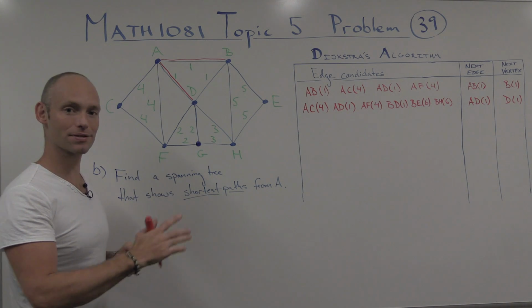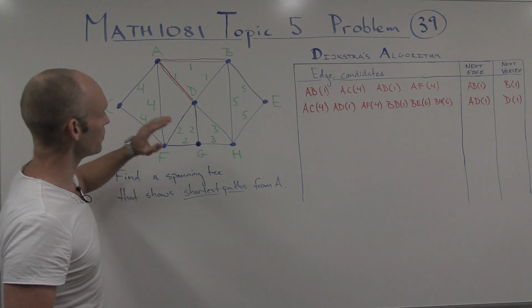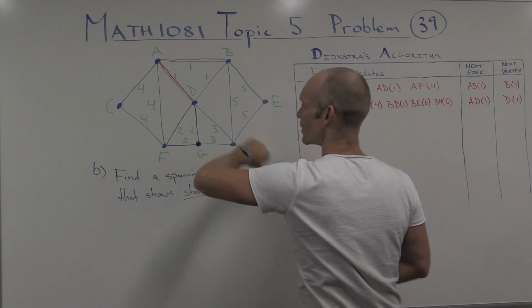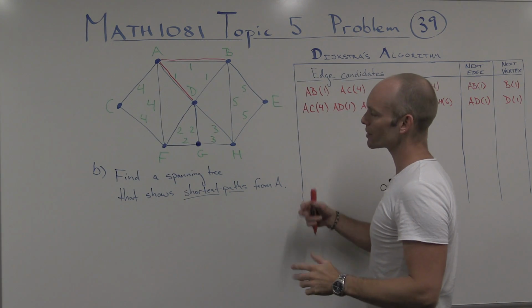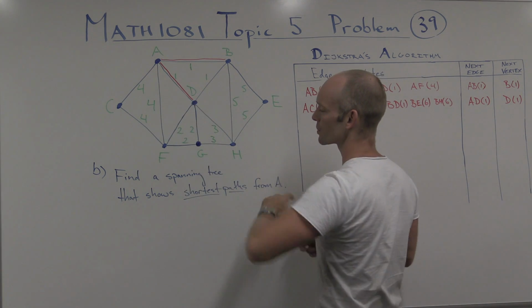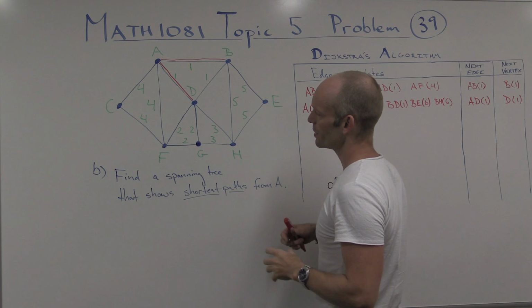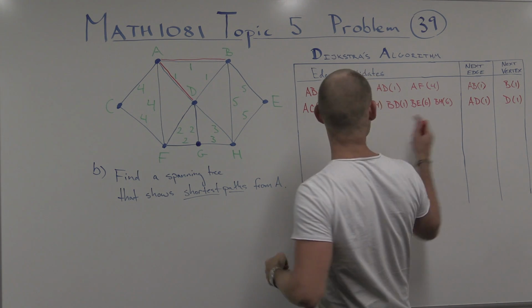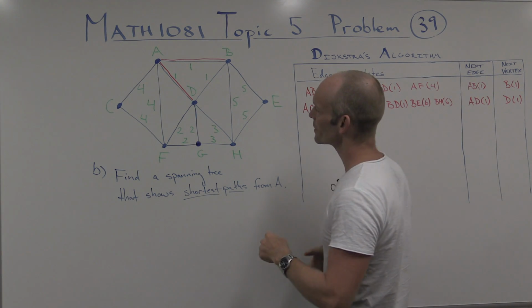Okay, now let's continue. So for the third step, we now have this graph here with 2 edges, and we have to again look at edges that are incident to this little graph that we're building up, and we want to add yet another edge and another vertex. So next edge and next vertex.